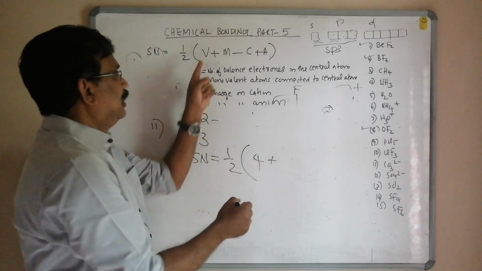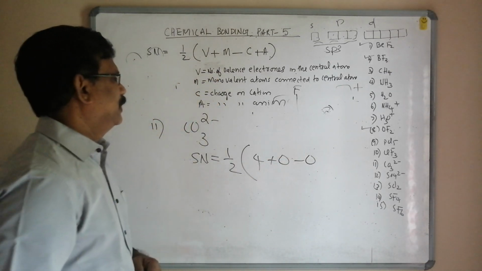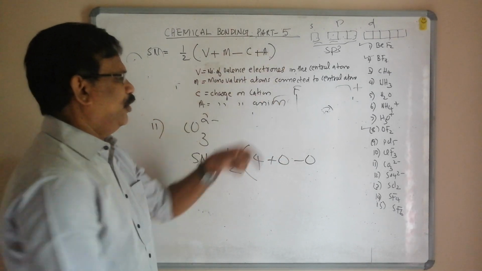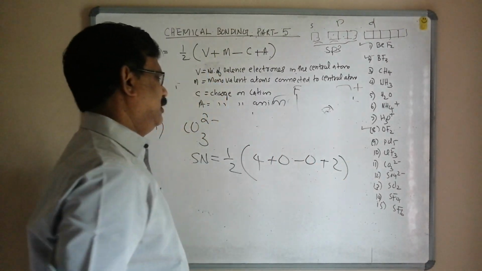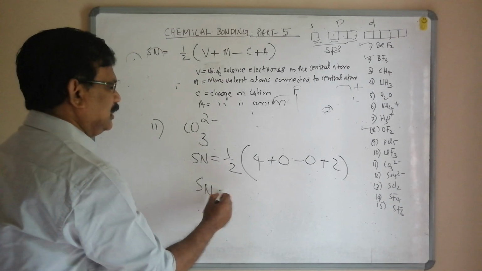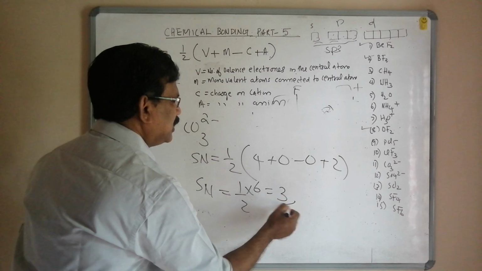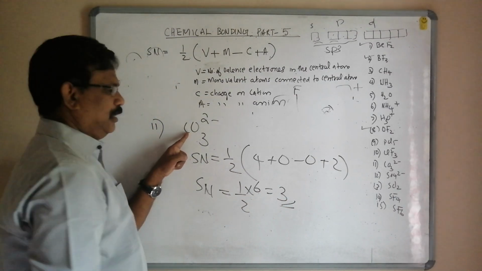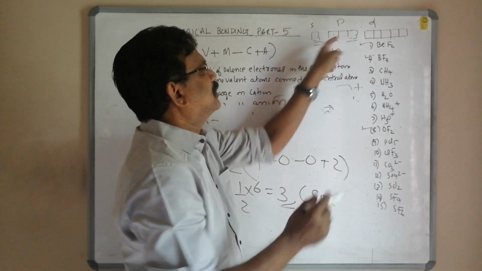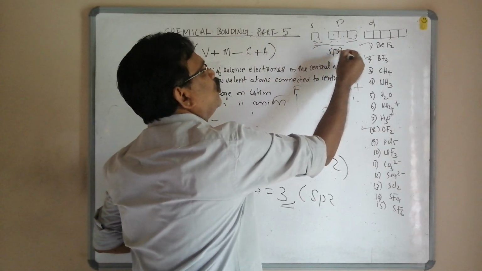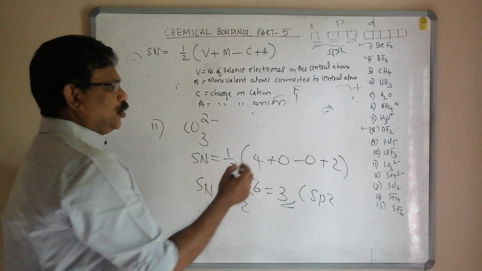So 0 monovalent atoms. Minus 0, this is an anion, plus 2 for the anionic charge, 2 electrons excess. So steric number is equal to half into 6 is equal to 3. 3 hybrid orbitals around the carbon. So 3 hybrid orbitals means sp2 hybridization.